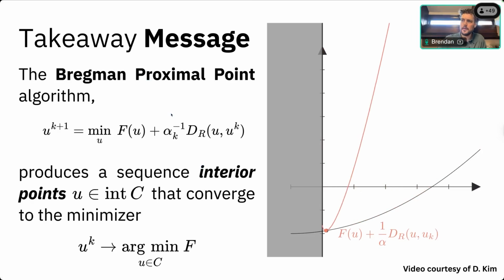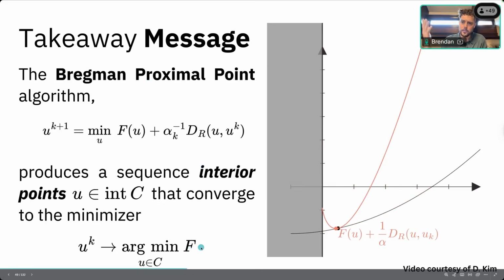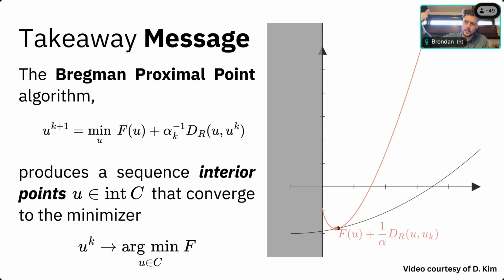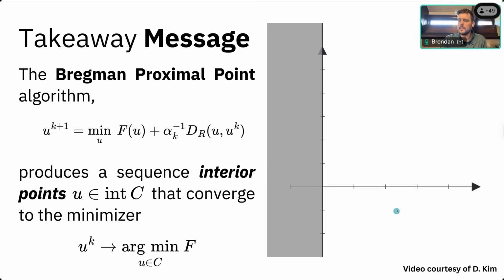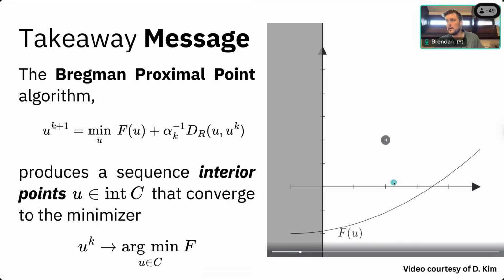Every iterate of your method stays in the interior. You generate an interior sequence of points that converge to your minimum, as you would expect. You're running a gradient flow. This is the time discretized version, but every point of that time discretized version evolves within the feasible set. Every iterate takes you to a lower function value.